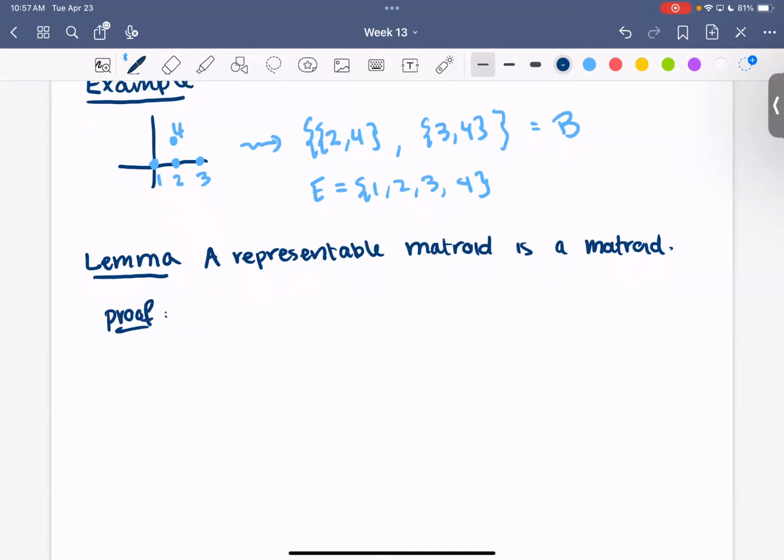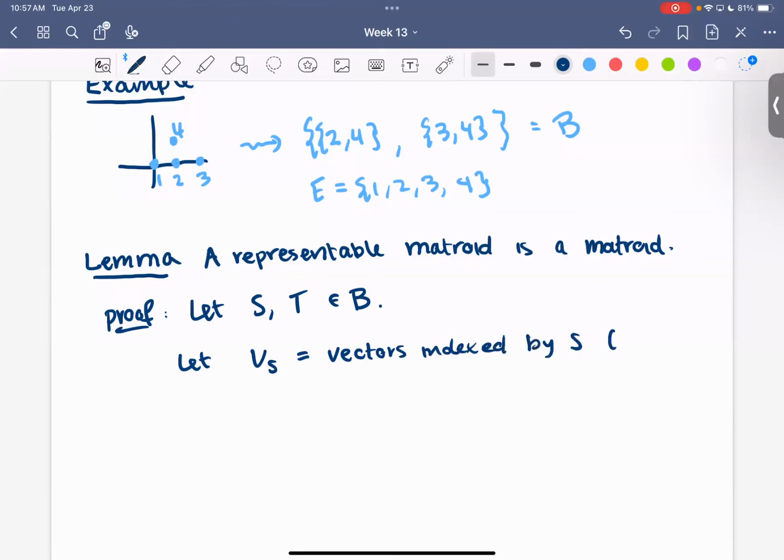Okay, so let S and T be elements of the bases. So S and T index a basis among the vectors. I'm going to let V sub S be the vectors indexed by S. So we know they form a basis.